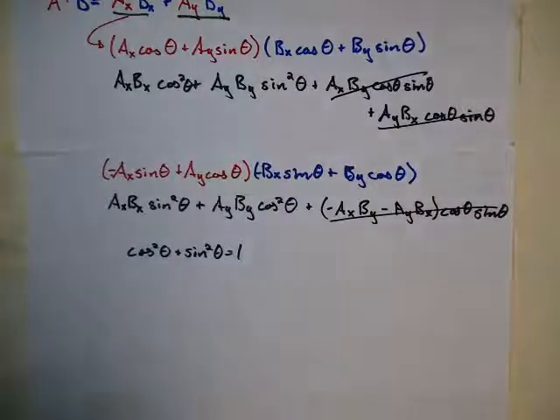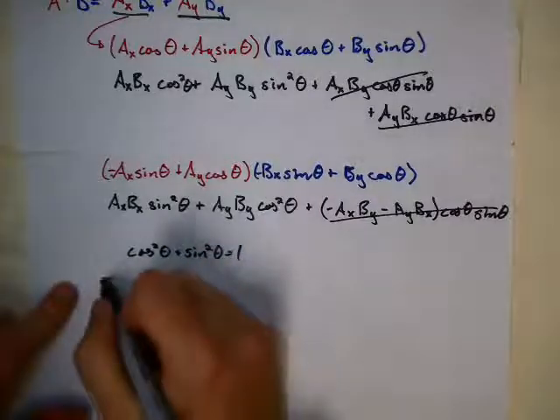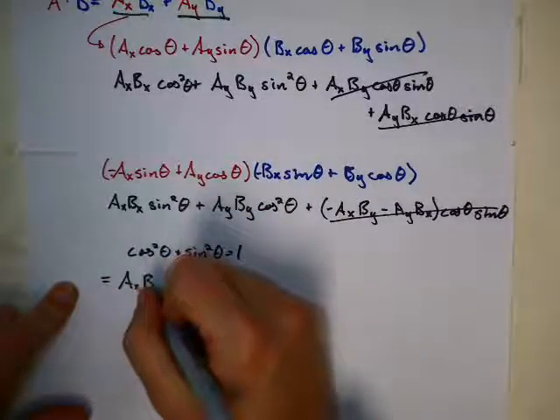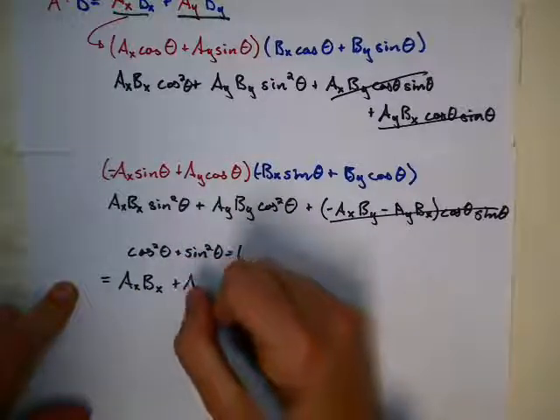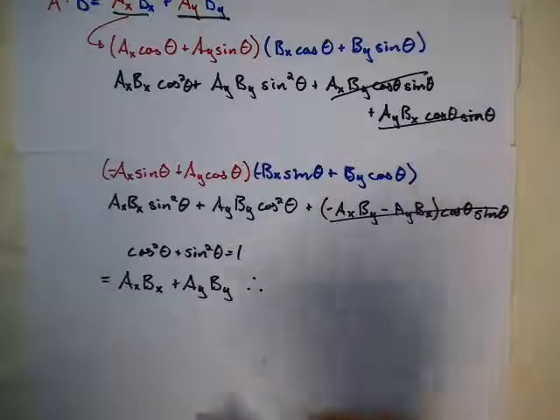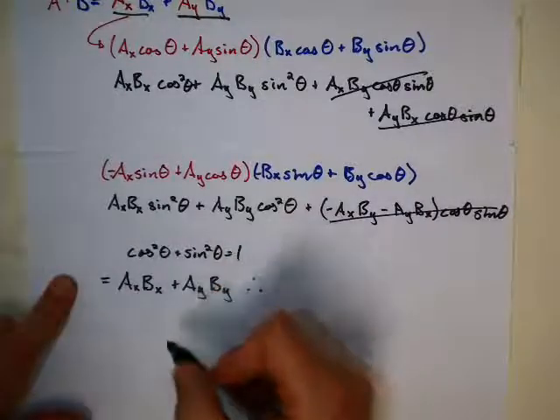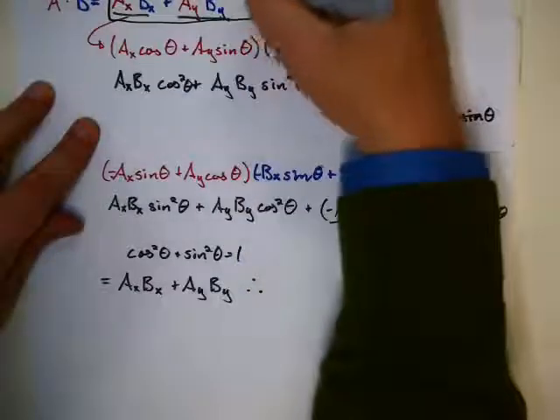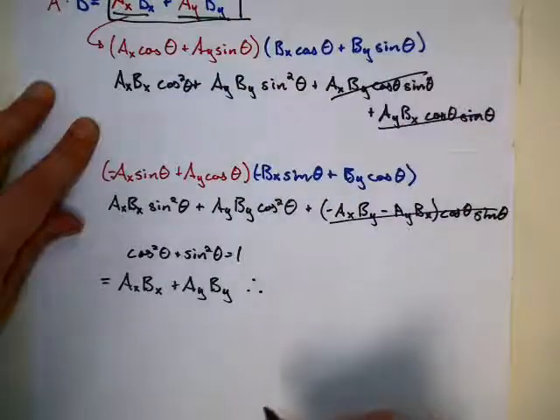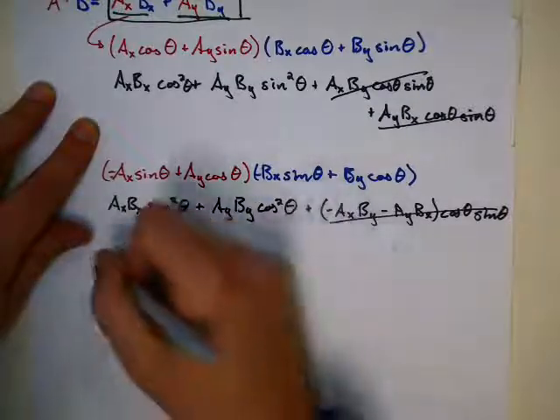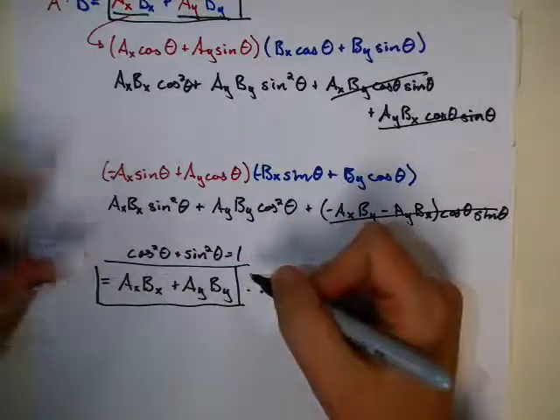I'm left over in the end, of course, with the simple statement that this is going to be equal to AX BX plus AY BY. And therefore, at this point, we have shown the equivalence that AX prime BX prime plus AY prime BY prime is the same as AX BX plus AY BY.